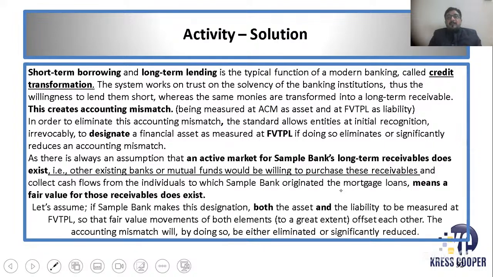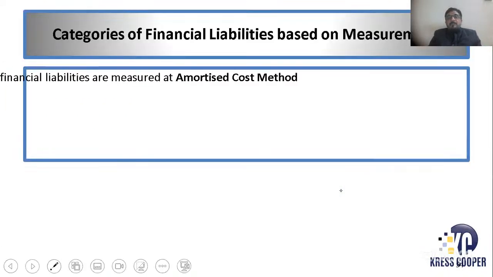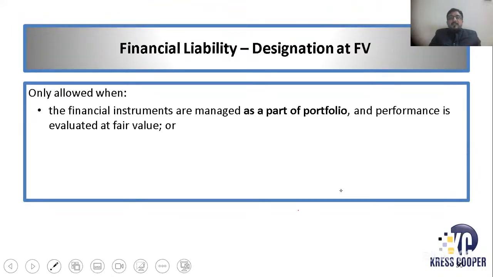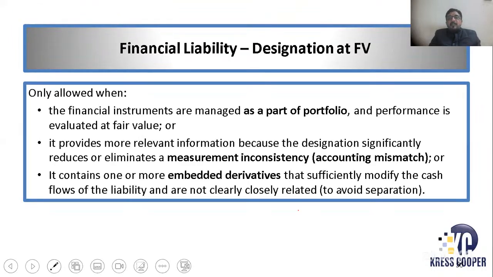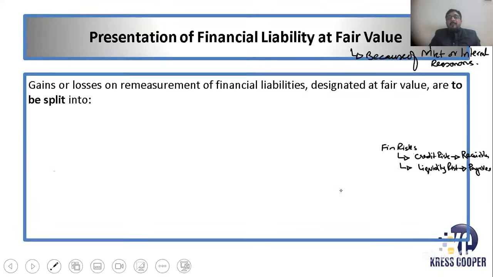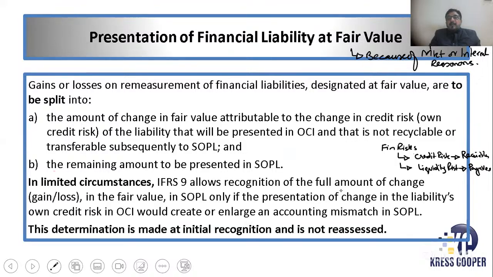Here are a few more points regarding the subsequent measurement of financial liabilities. Financial liabilities should always be measured at amortized cost method, but there are certain financial liabilities which we can measure at fair value, which include derivatives.